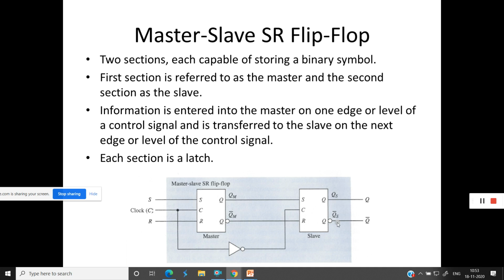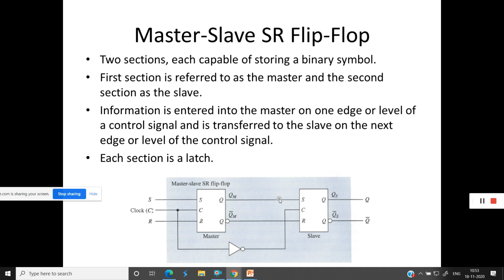Each section is a latch. Whatever information is there in the master is transferred to the slave on the next edge or the next level of the control signal.